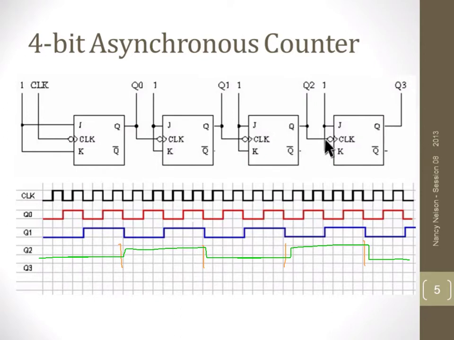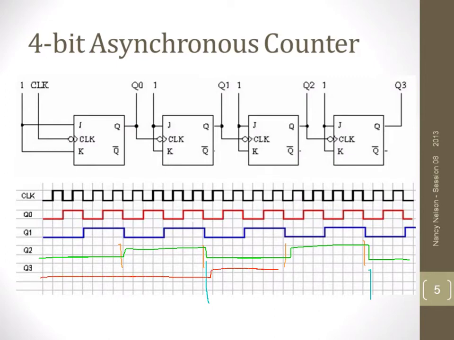Now let's take a look at what happens for Q3. So again, we're going to mark the falling edges in from Q2. So we have a falling edge here and a falling edge here. We only have 2 of them now. And now let's put the waveform in for Q3. Assuming it starts low, we come over here.